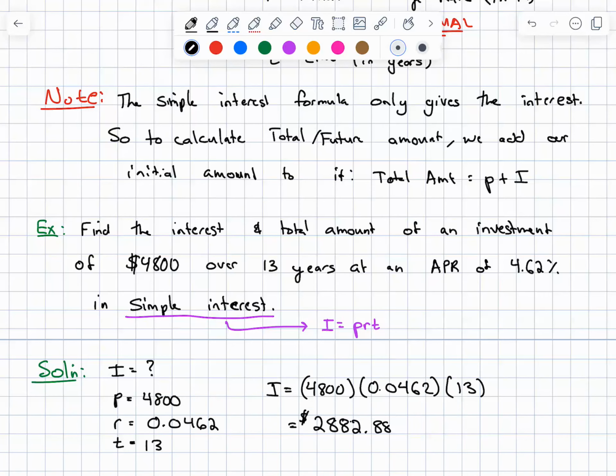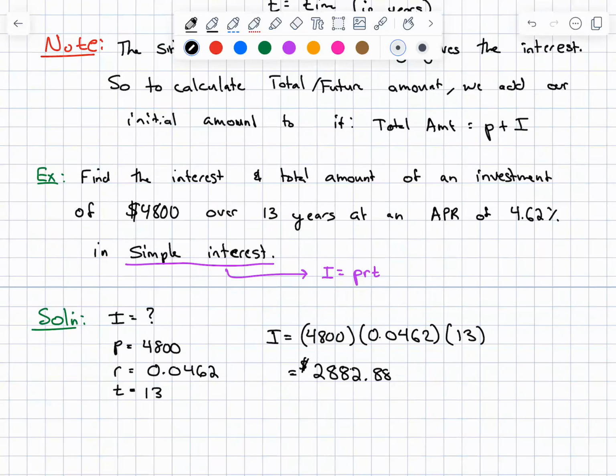On these problems, it's probably always going to be listed that we round to 2 decimal places because that would be the nearest cent. So that's your interest, which is pretty substantial. Granted, it took 13 years to get that. So it took 13 years to get roughly half of your investment in gains. So not great, but not bad.